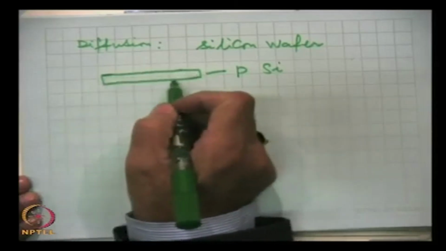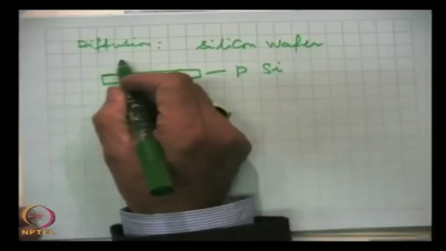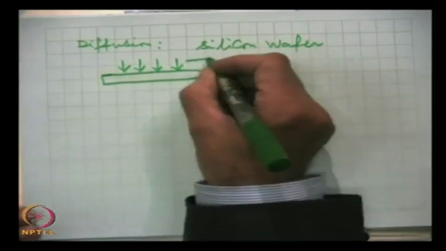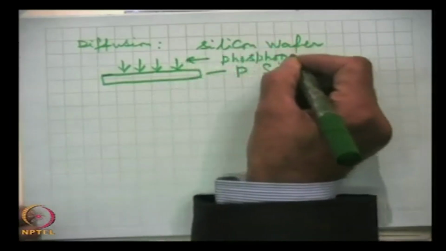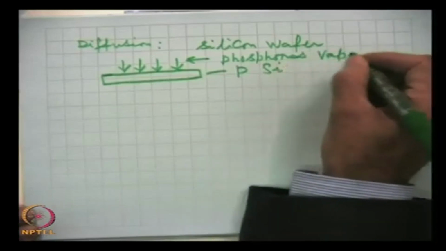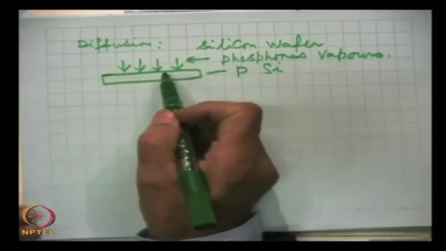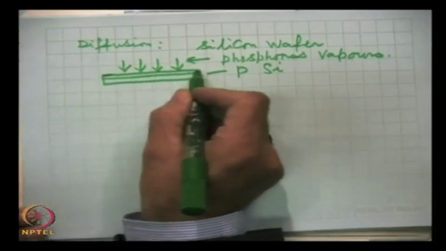Then this is put in a furnace, temperature is raised to above 500 degrees, but much less than the melting point of silicon, and then this is exposed to pentavalent vapors. So, this may be for example phosphorus vapors. So, diffusion of this phosphorus will occur and this will make an N type silicon here.